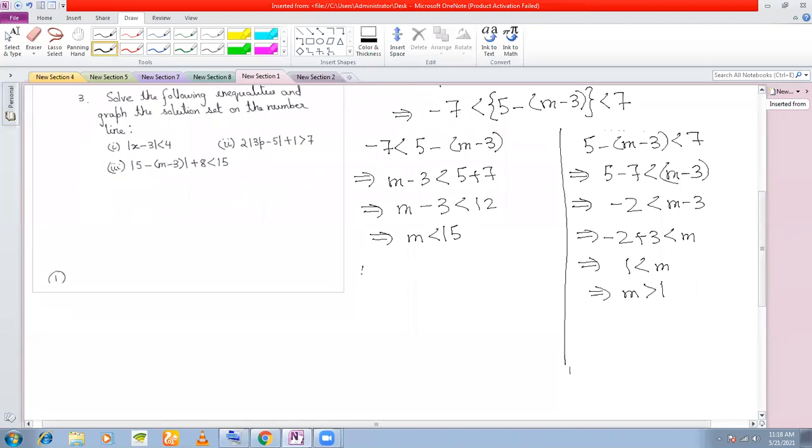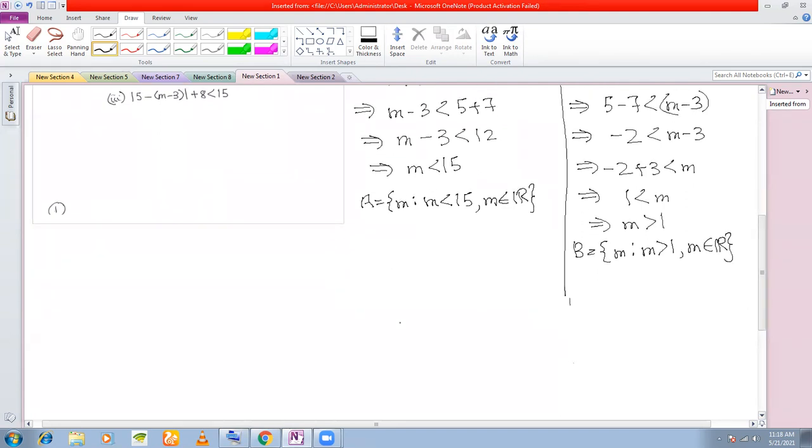So what is the solution set here? A is equal to m such that m less than 15, m belongs to R. What is the solution set here? M such that m greater than 1, m belongs to R. So what should be the solution set of the given inequality?